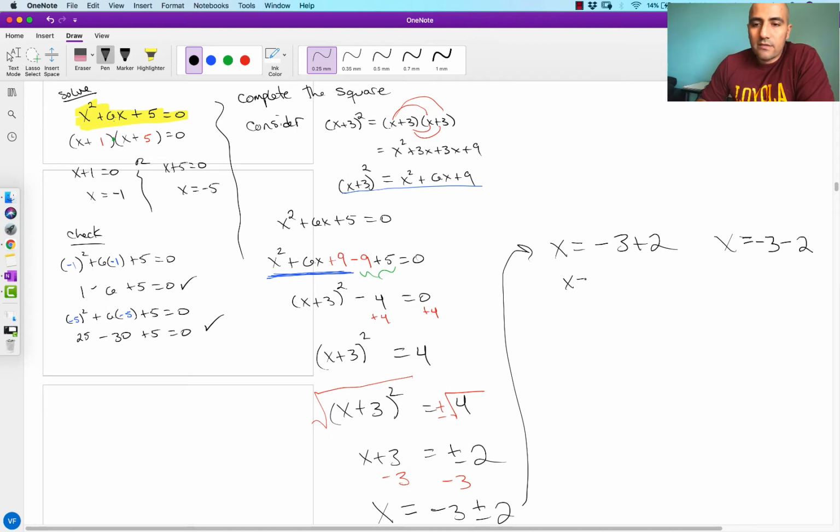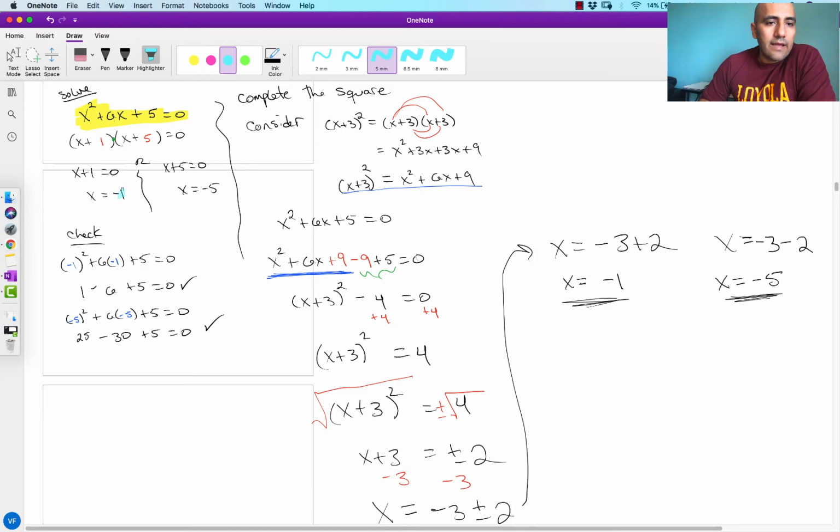So x equals negative 1 is one of the answers, and x equals negative 5 is the other answer. Same results we got from over here. Negative 1 and negative 5. We got the same answers over here. Okay, but this procedure, this process of solving it is called completing the square.